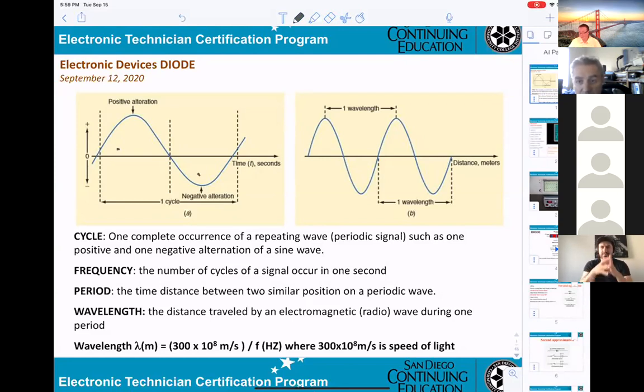The name of this is the sine wave. Basically, this signal comes out from your outlet. From your outlet, that's the AC voltage.